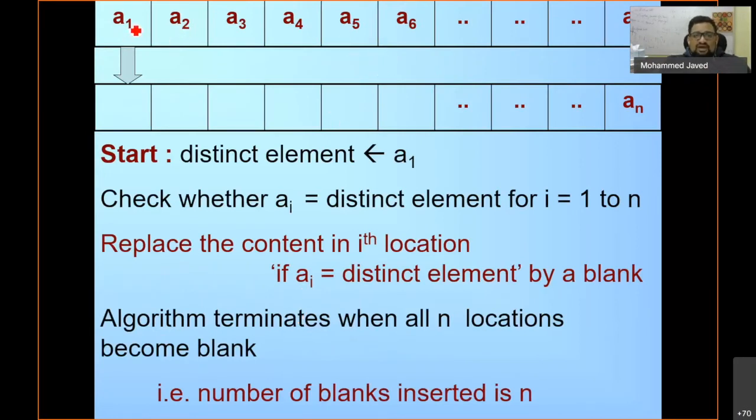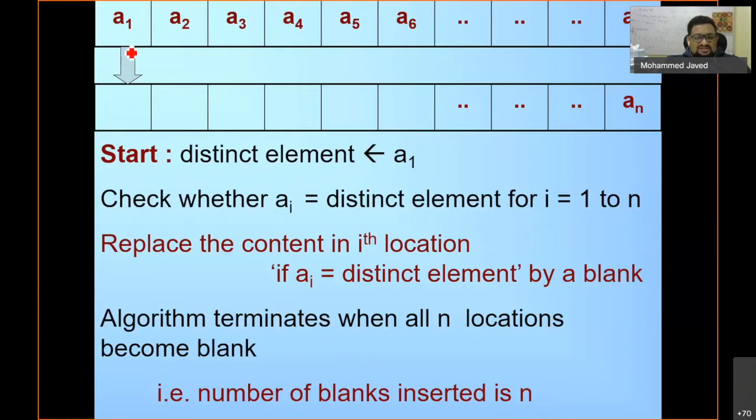Now we have the inputs, that is, let the input be A1, A2, A3, A4, A5, A6 up to AN. Your algorithm starts by pointing to the first element, let the distinct element be A1, that is the first element. Check whether AI is equal to the distinct element for I equal to 1 to n.